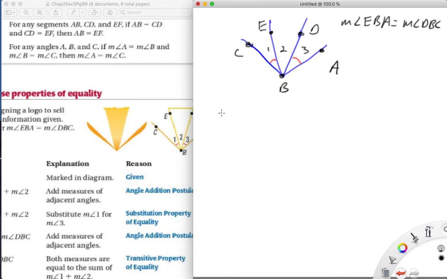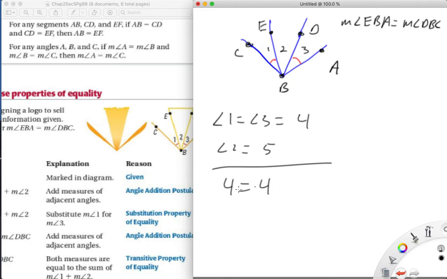So let's say that angle 1, let's use numbers as reasoning, is equal to angle 3, and let's say that angle 3 is equal to 4. Let's further suppose that angle 2 is equal to, I don't know, 5. So if I was to put numbers in its place instead of angles, I can say that 4 is equal to 4, right? Makes sense because angle 1 and 3 are the same.